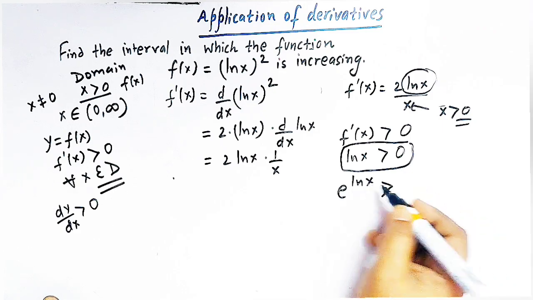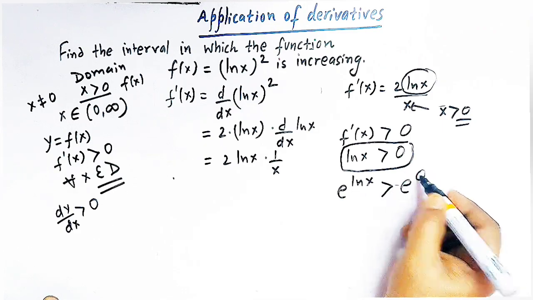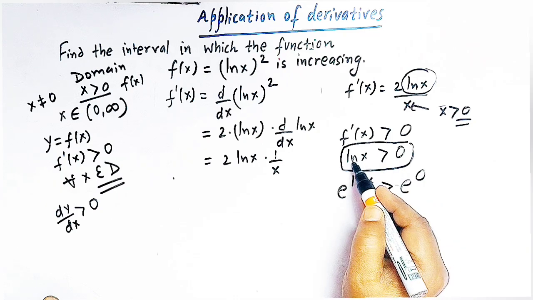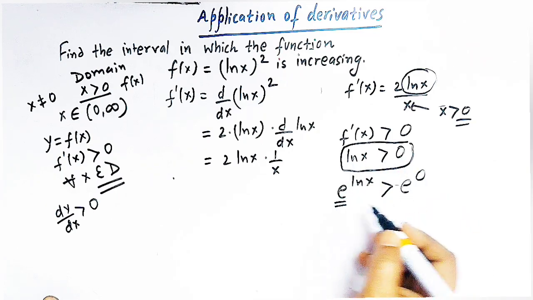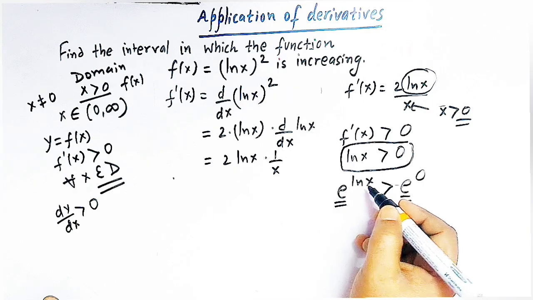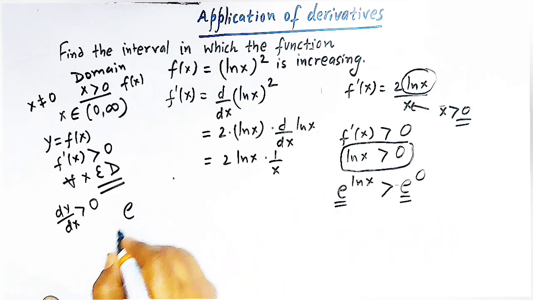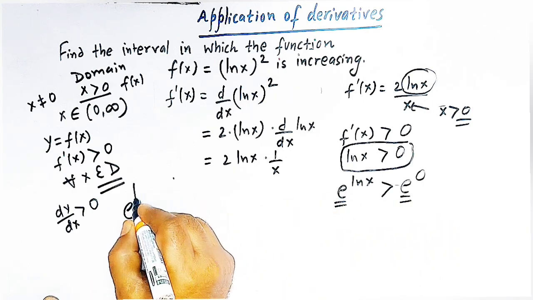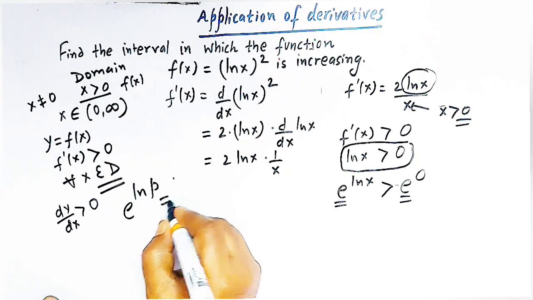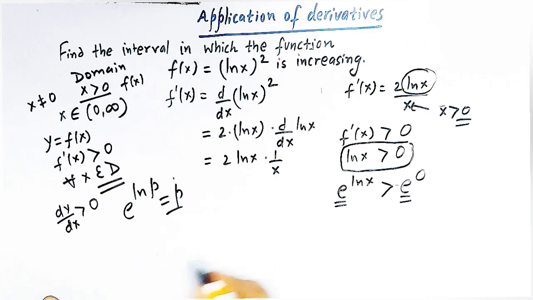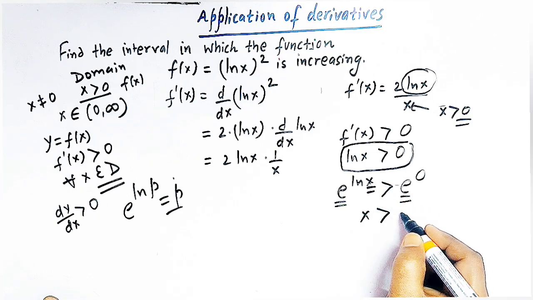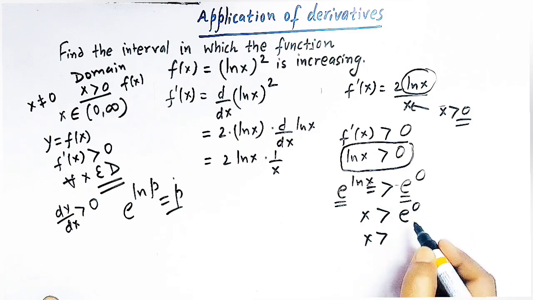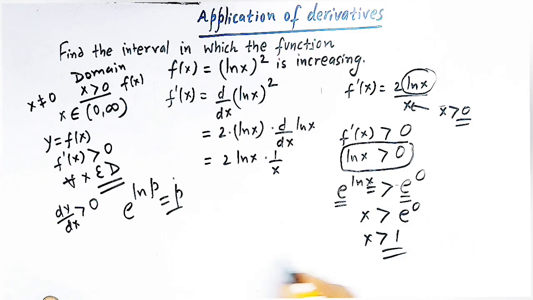So e raised to natural log of x is greater than e raised to 0. From an important result we know that e raised to natural log of p is equal to p. So here we have x greater than e raised to 0, and e raised to 0 is 1.